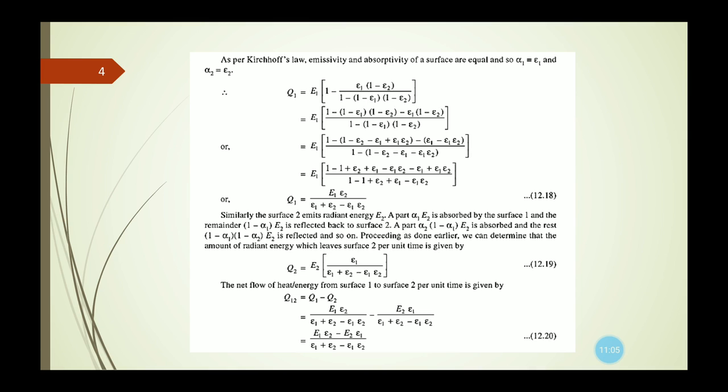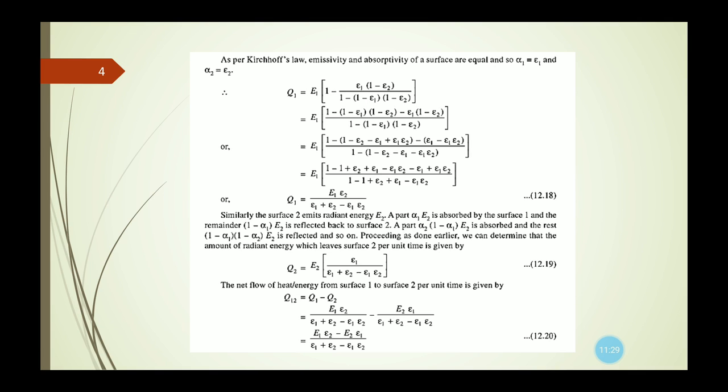it is seen that the radiant energy E2 will now go back to the surface 1. So a part, alpha 1 E2, is absorbed by the surface 1 and the remainder is reflected back to surface 2.